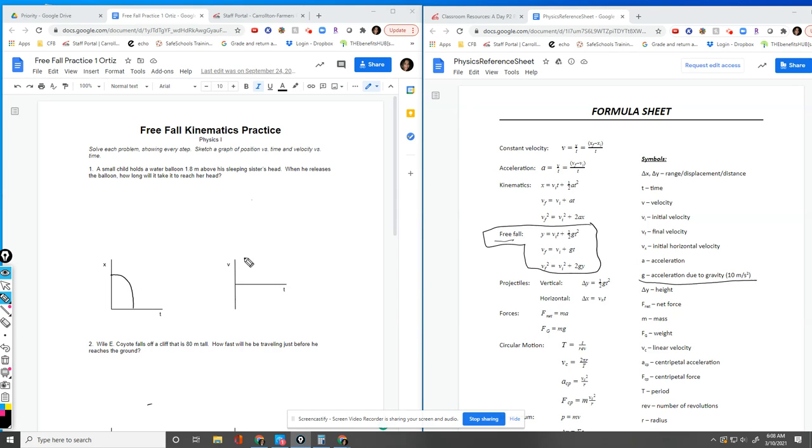So when you're doing your graph, remember that the velocity started at zero, and when you try to do the slope right here, that's almost zero. So it's going to start at zero, and it's going in the negative direction, increasing. So if you do your graph this way, it's a straight line, you will have a smaller velocity right here and a larger velocity right here.